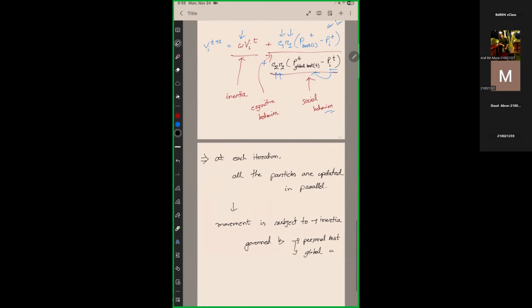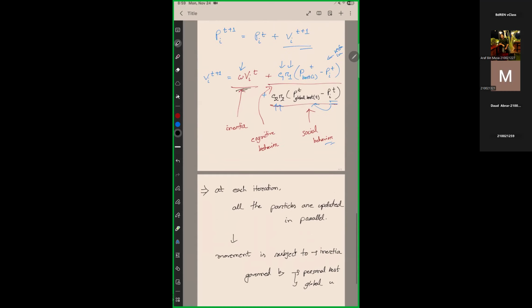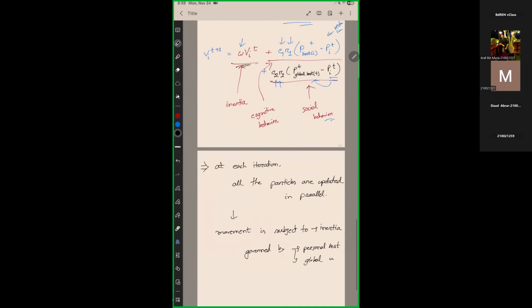So the movement, this is what is changing their velocity. The inertia term is the velocity multiplied by omega. So that is controlling their velocity. Whether the velocity will increase or decrease, that will be controlled by this parameter. And in which direction they are going to move will be controlled by these two, this one and this one.